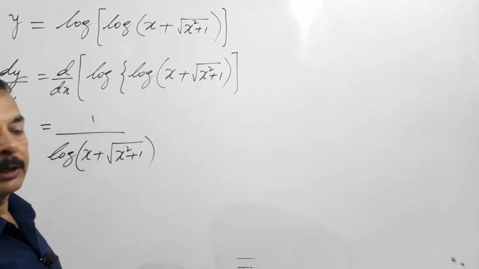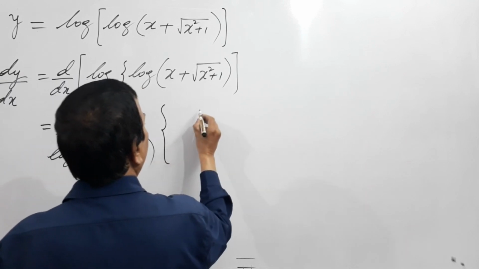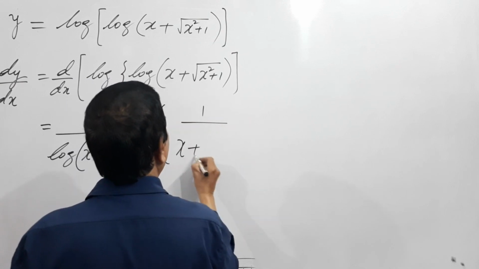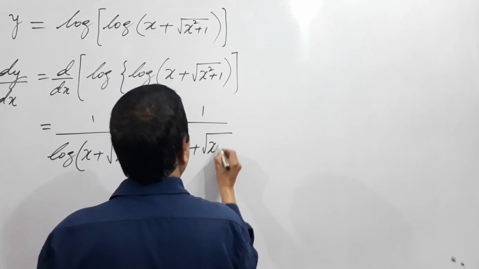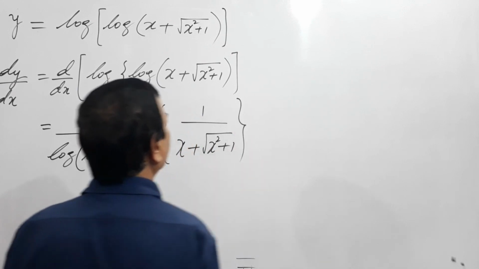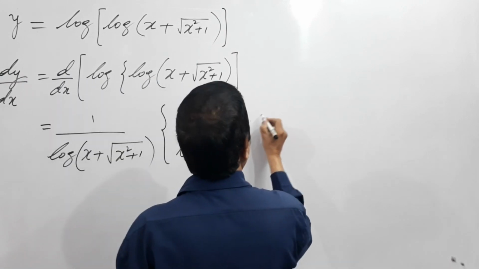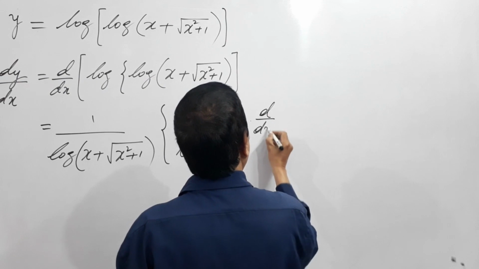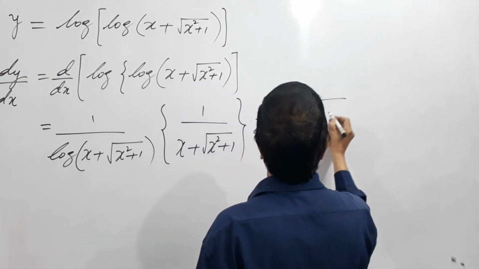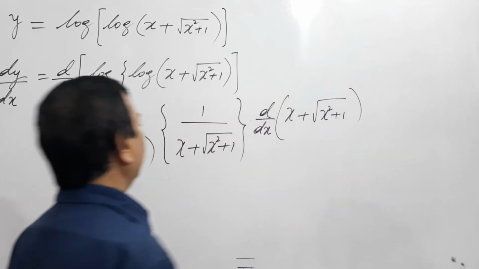We have one more log here. So that is into 1 by x plus under the root x square plus 1. Now differentiate this. So that will be into d by dx of x plus under the root x square plus 1. Got it?